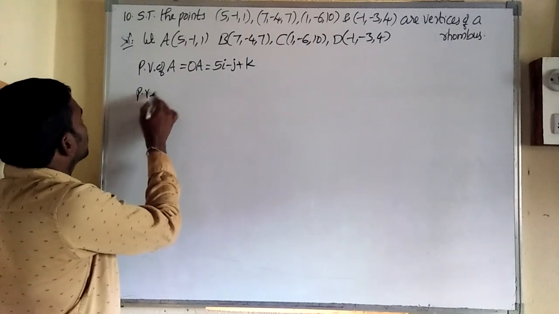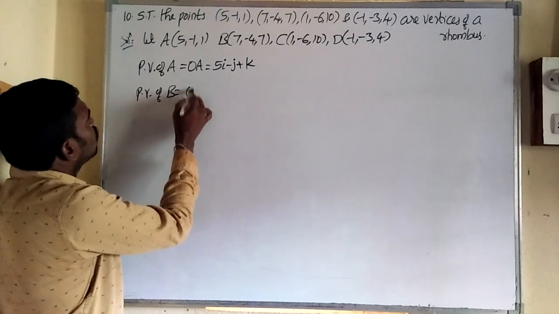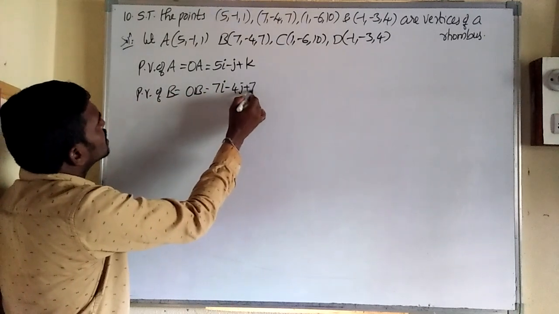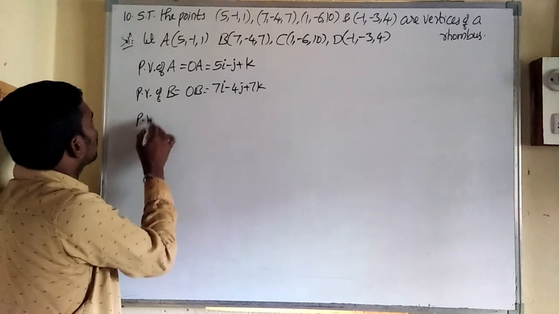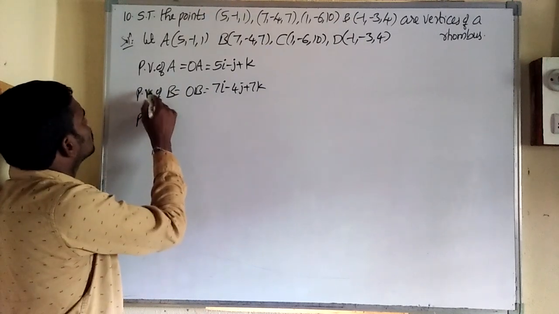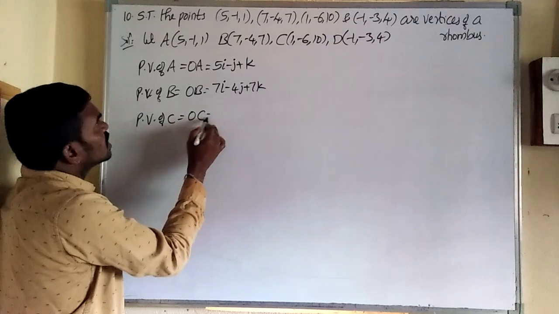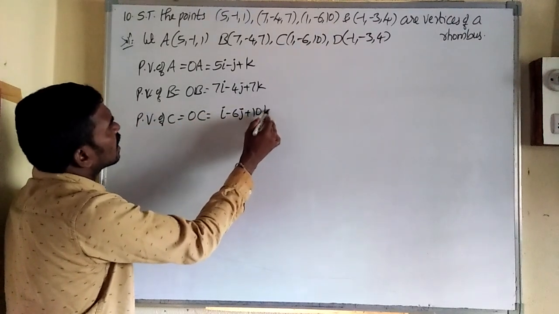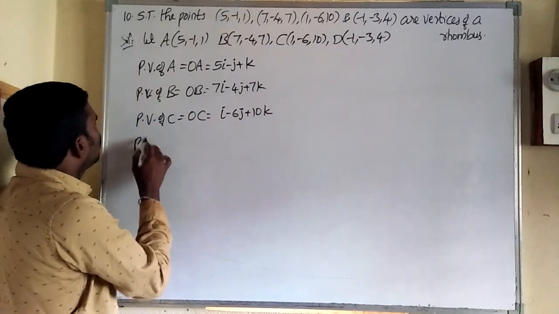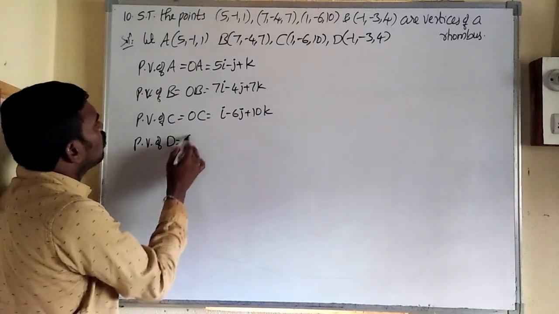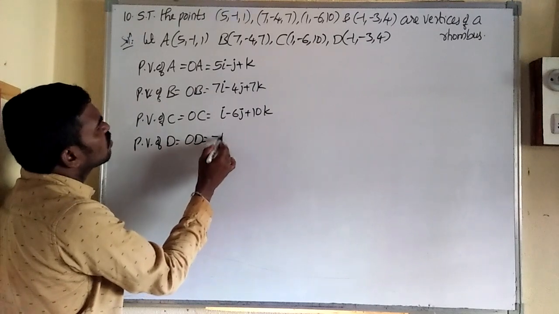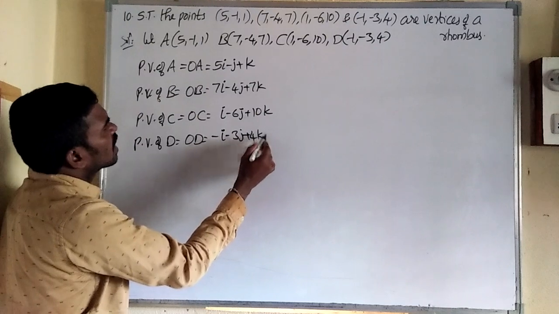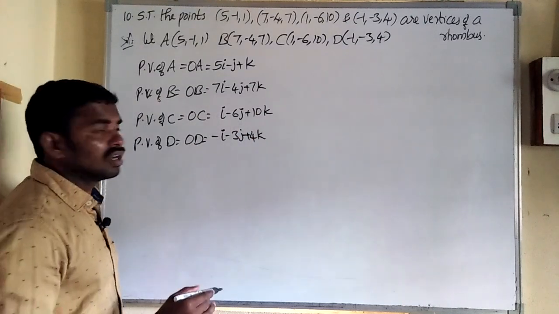Similarly, position vector of B is OB equal to 7i minus 4j plus 7k. Position vector of C is OC equal to i minus 6j plus 10k. Next, position vector of D, OD, is minus i minus 3j plus 4k. So all position vectors are written.